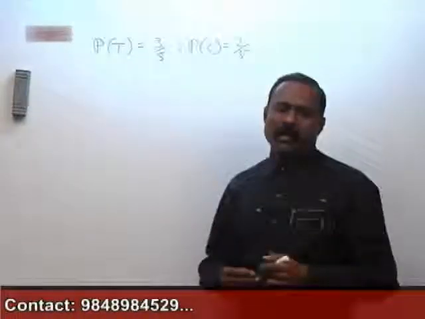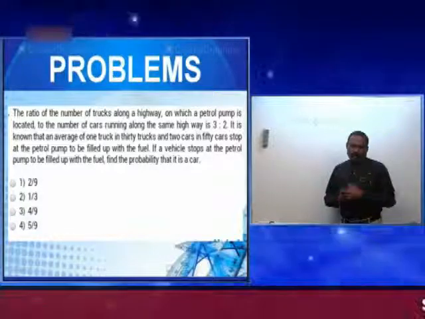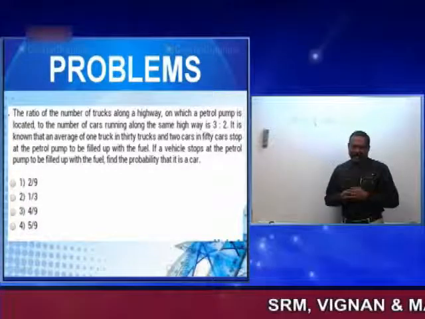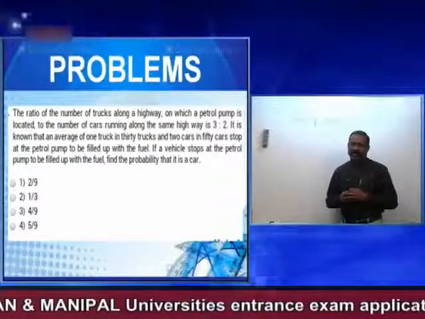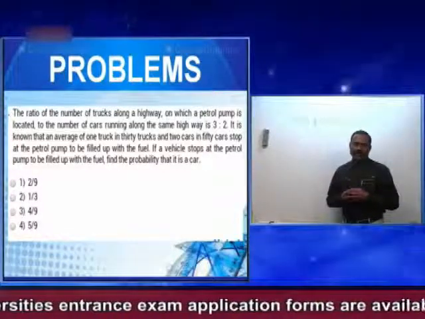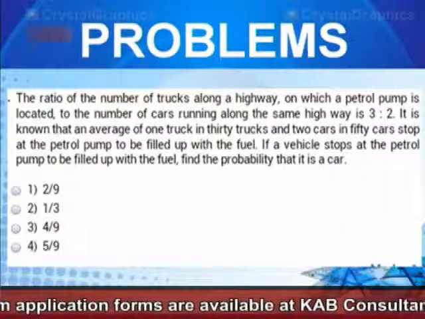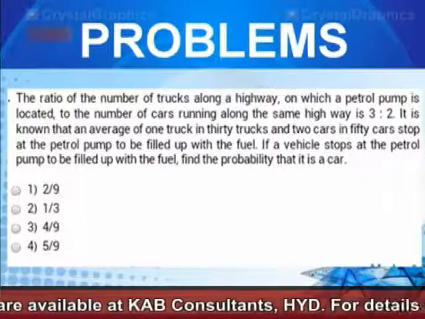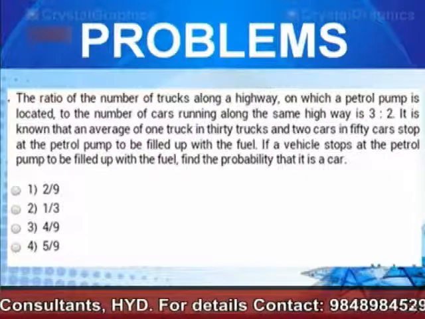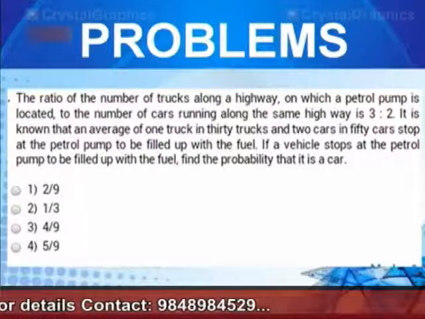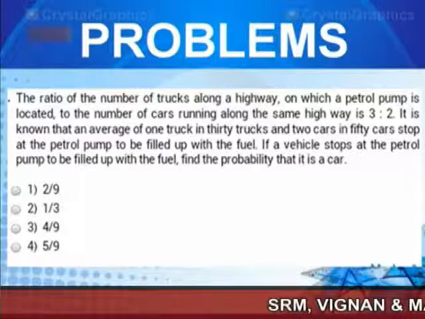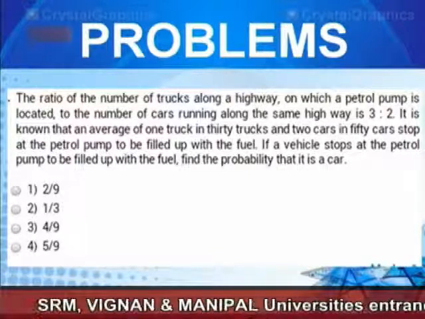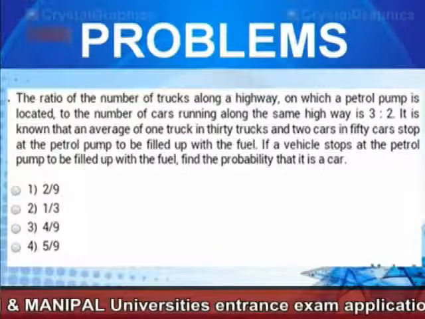Okay. Now, 3:2. So I repeat the sentence. The ratio of the number of trucks along a highway on which a petrol pump is located to the number of cars running along the same highway is 3:2. That's what I have written here. It is known that an average of 1 truck in 30 trucks, and 2 cars in 50 cars stop at the petrol pump to be filled up with fuel.